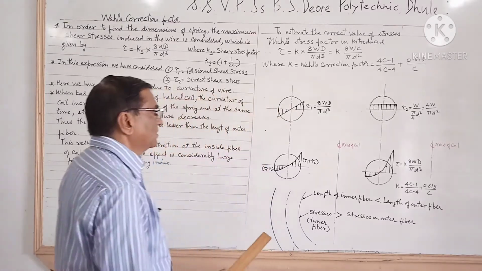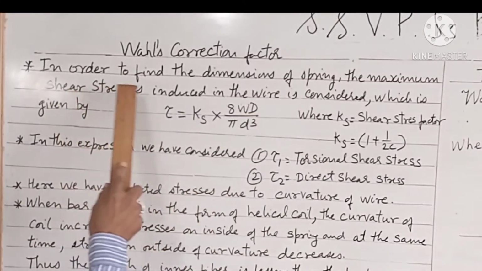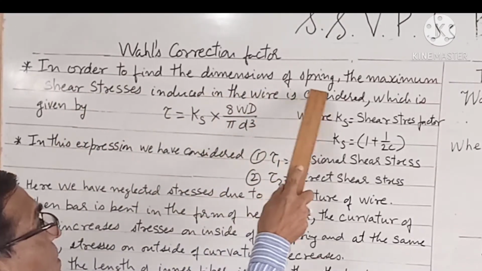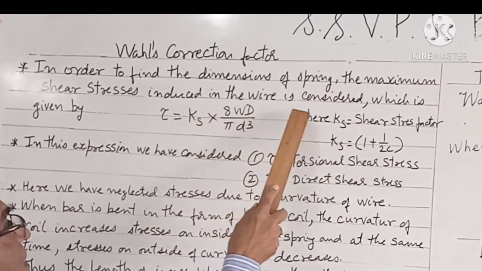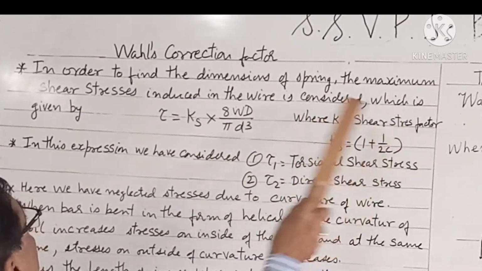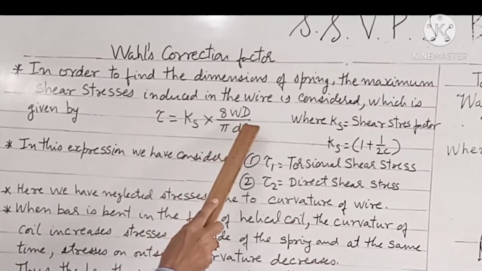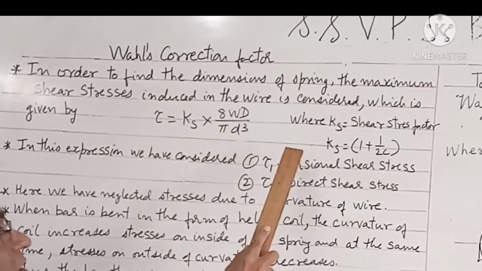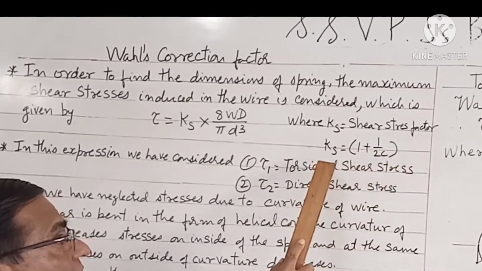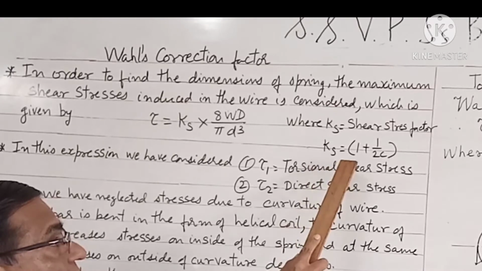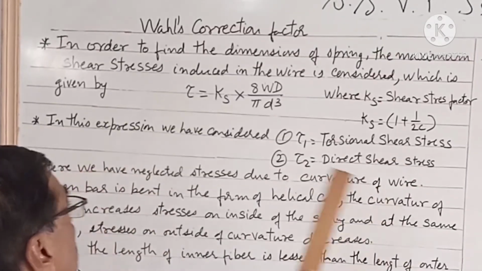Now we will revise. In order to find the dimensions of the spring, the maximum shear stress introduced in the wire is considered, which is given by tau is equal to Ks into 8WD upon pi d cube, where Ks is the shear stress factor whose value is given by 1 plus 1 upon 2C.